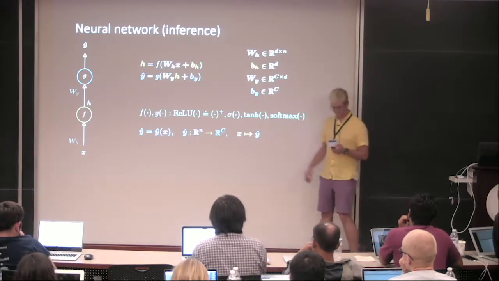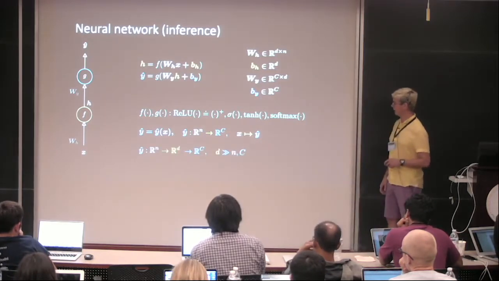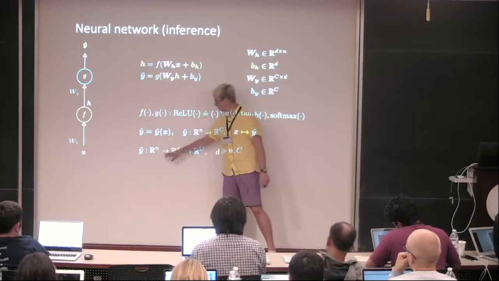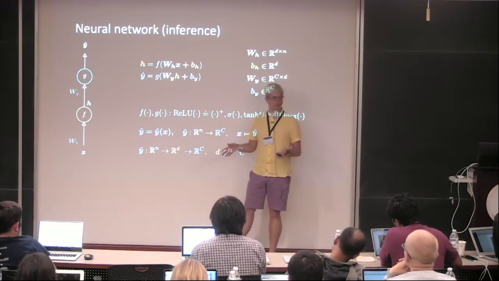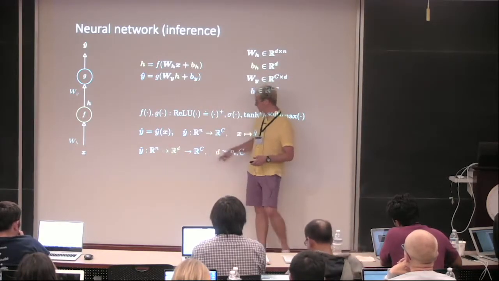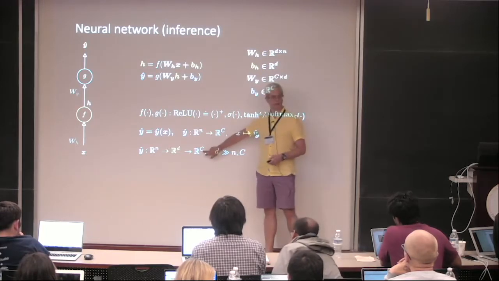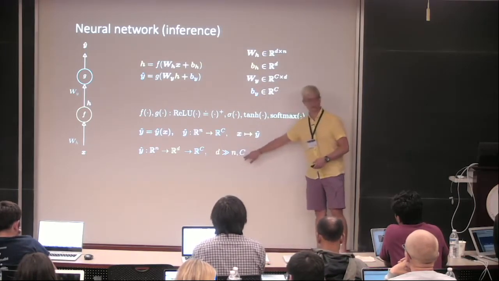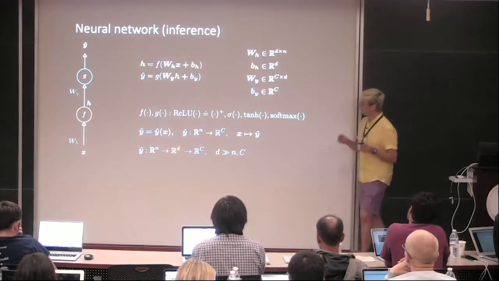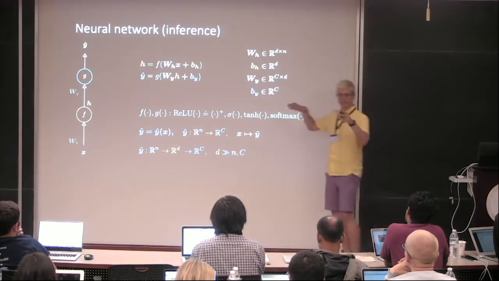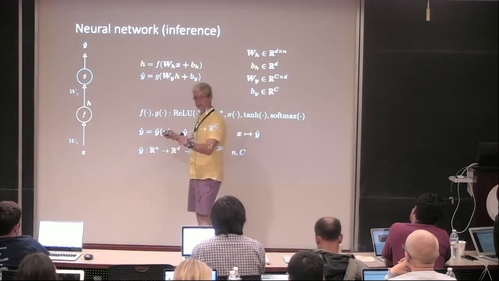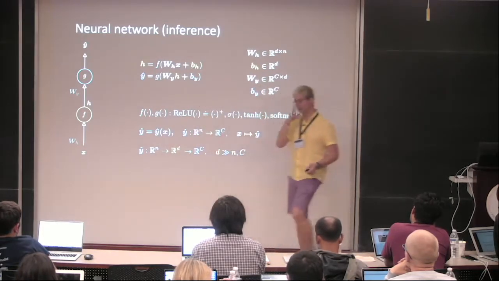This can also be seen as mapping the n space to a d space, which is potentially larger, and then we go out to the final capital C classes, where the dimension of the internal space is larger than these. So we go from 2 dimensions to a larger space, maybe 5 dimensions, and then we go down to 3, because we have 3 classes.